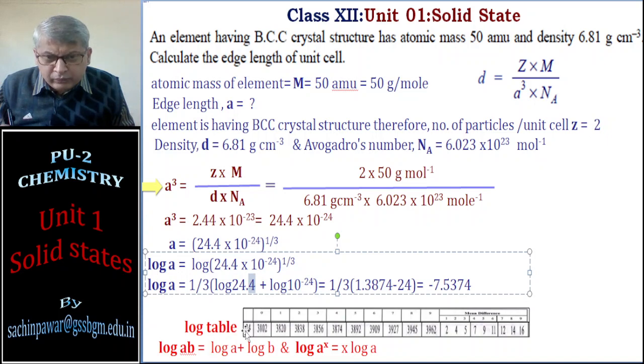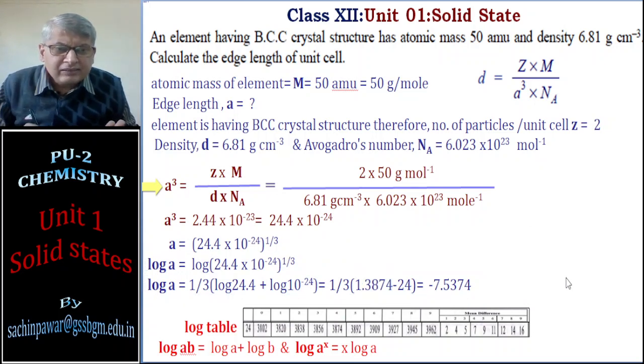So in log table, 24th row 4th column is this one, that is 3874. So log of 24.4 is 1.3874, and log of 10 to the power minus 24 is minus 24 log 10. Log 10 is 1, so it is minus 24. So 1.3874 minus 24 is minus 7.5374 in this form.